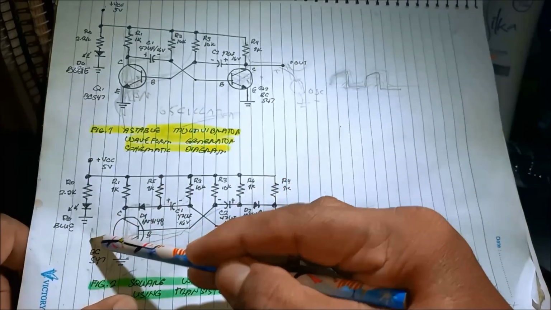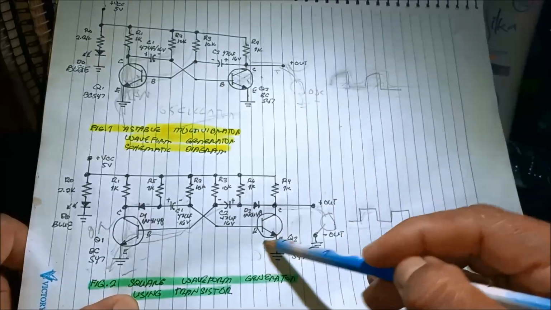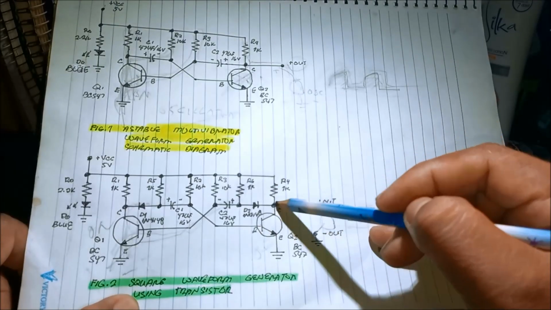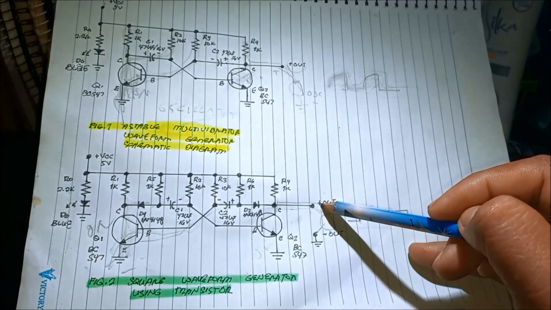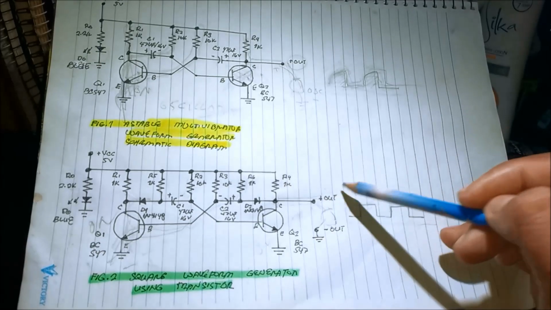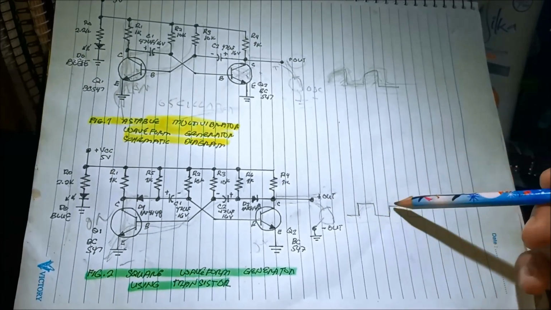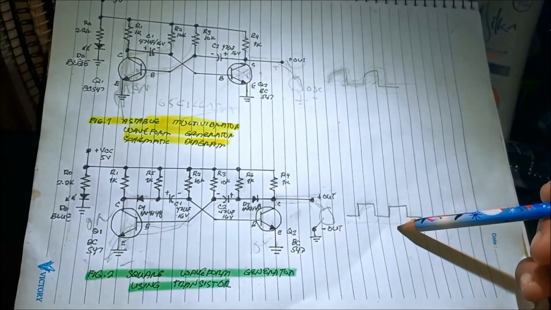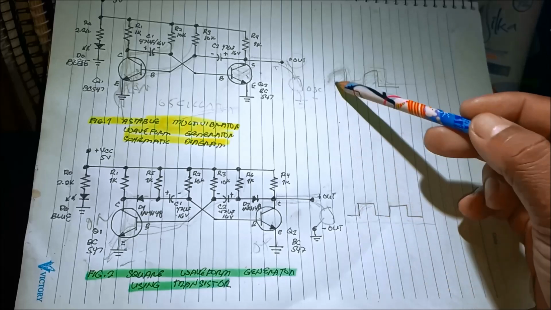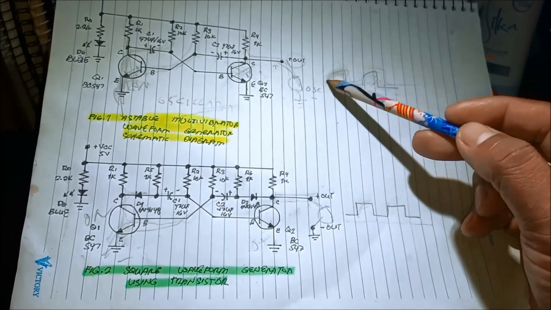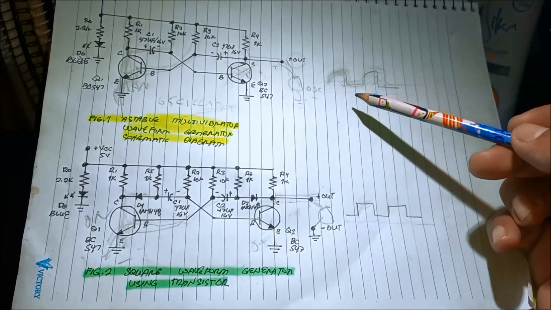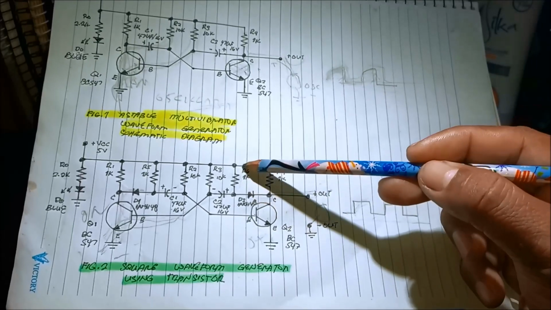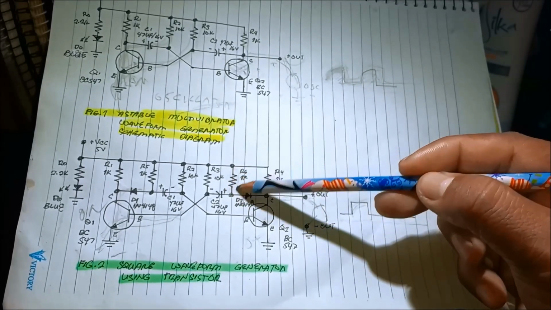It will turn on and then it will turn off. If this is off, current flows to the output side of the circuit. So we now have on, off, on, off. So we eliminate the curved shape of this waveform by using these new components.